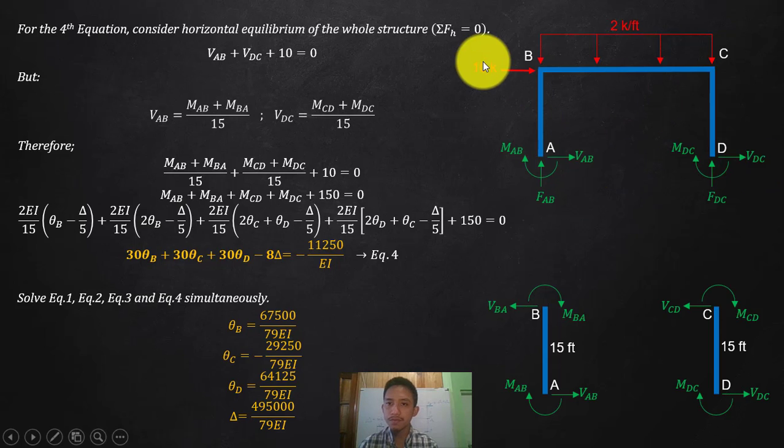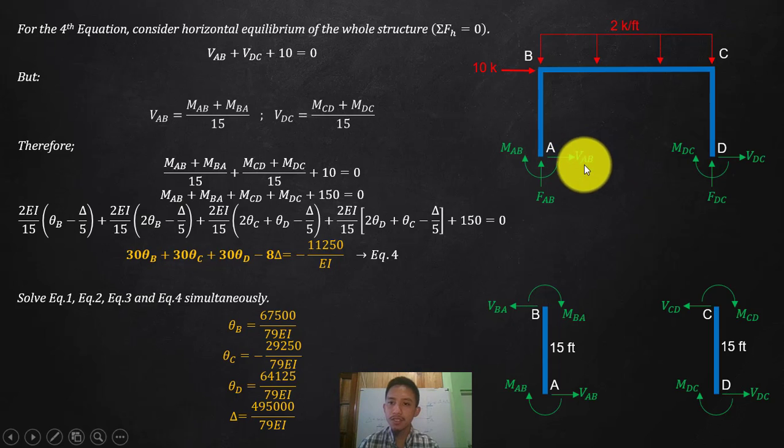So these are the only horizontal forces: 10 kips, VAB, VDC. So if I summate horizontally, by the way, we do not know the direction of your end shear and end moments. So in the first place, I will assume a positive direction, so that later on if you end up negative, then all we need to do is redirect. So I will assume that this is clockwise, and that is to the right.